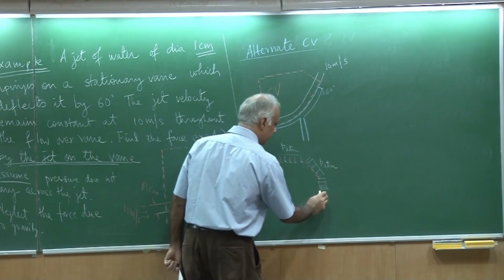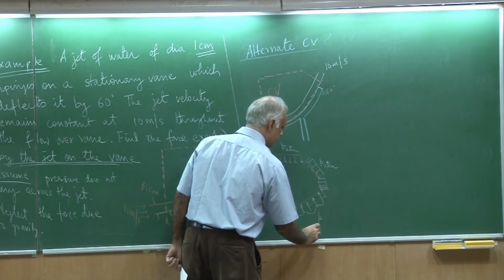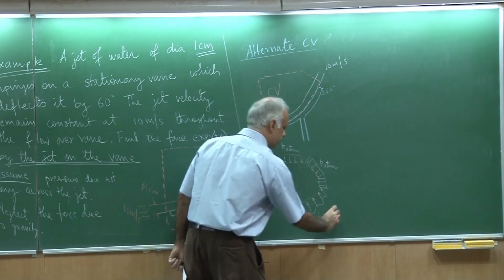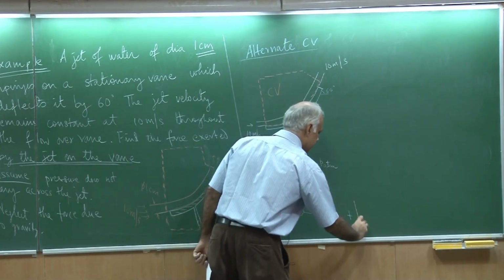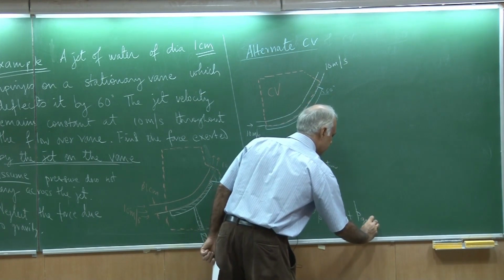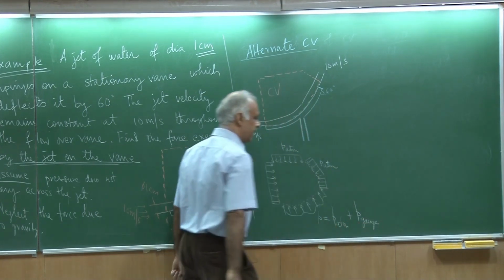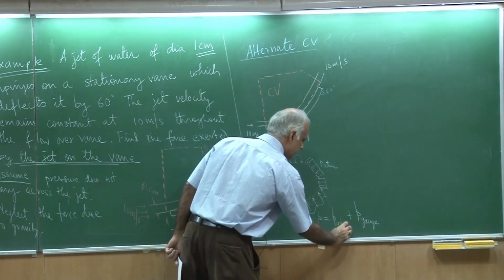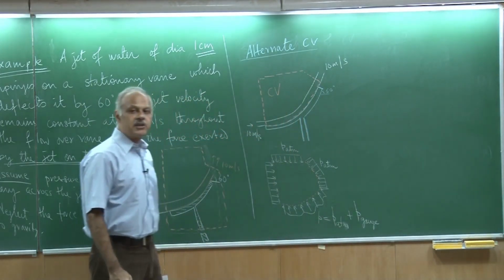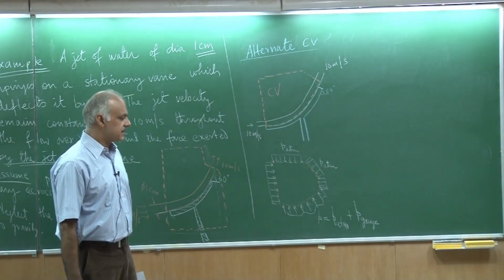And let me say this pressure is P, which is equal to an atmospheric pressure plus a gauge pressure. In an earlier class, I had explained to you that the gauge pressure is essentially the absolute pressure minus the atmospheric pressure.